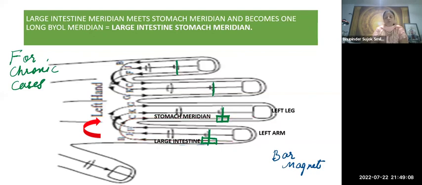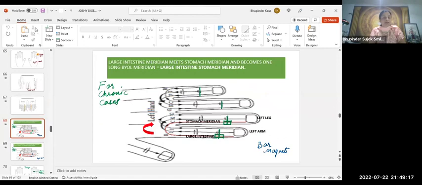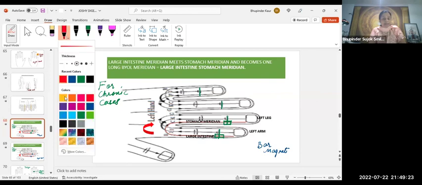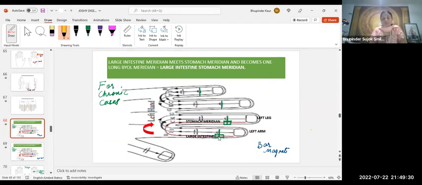Now, what do we do when a person has diarrhea or loose motion? In this case, we have to apply a bar magnet, and I will tell you the colors we are supposed to use. For example, if a person has diarrhea and also loose motion, for loose motion, the large intestine meridian is responsible, and for vomiting, the stomach meridian. Energy flows from arm to leg. So here we will put our bar magnet.